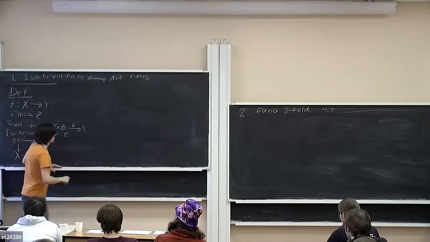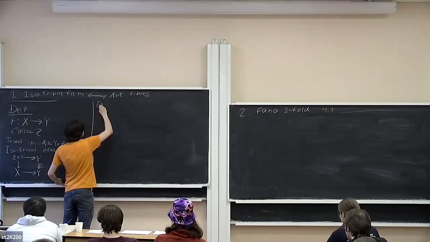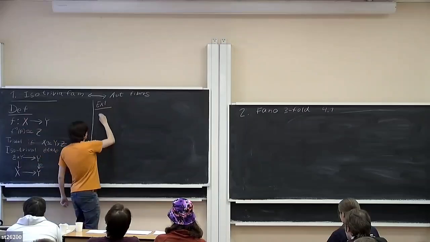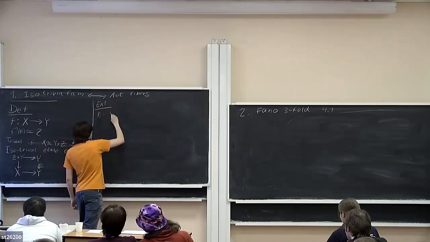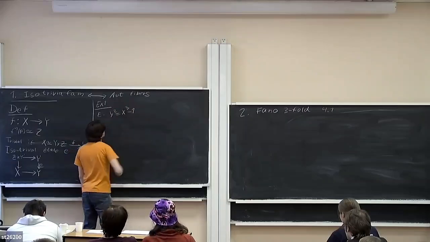And let's do an example. Example 1. In this case, our Z will be the affine elliptic curve defined by y squared equals x cubed minus 1.